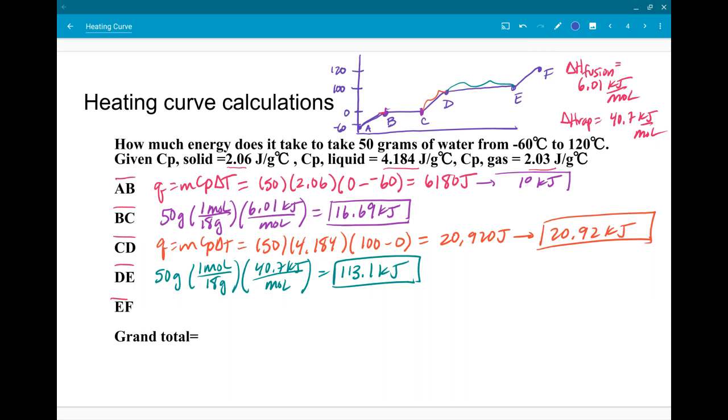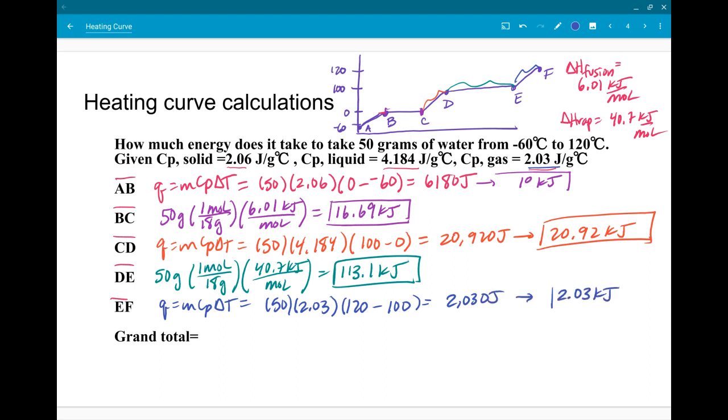And then our last line segment, EF, is Q equals mc delta T. Again, it's 50 grams, and then we look at the heat capacity of gas, which is 2.03. This is between 120 minus 100. And I found that to be 2,030 joules, or 2.03 kilojoules.